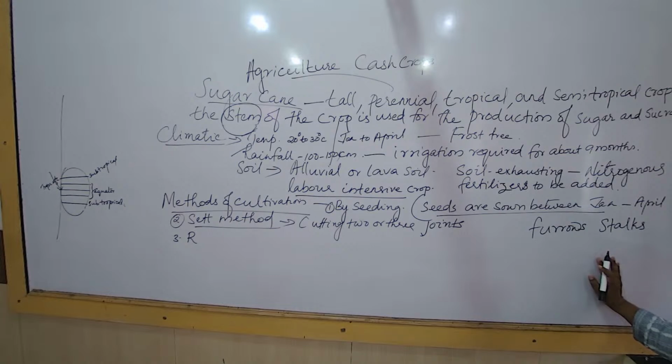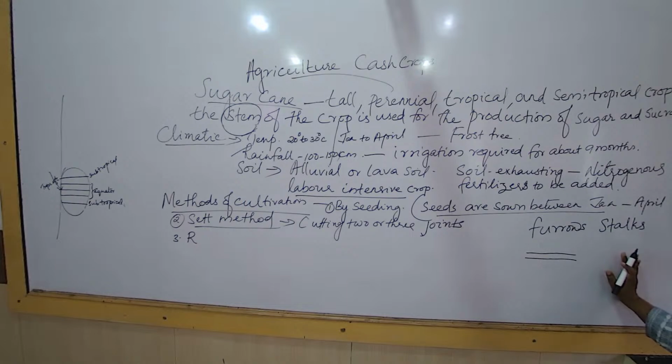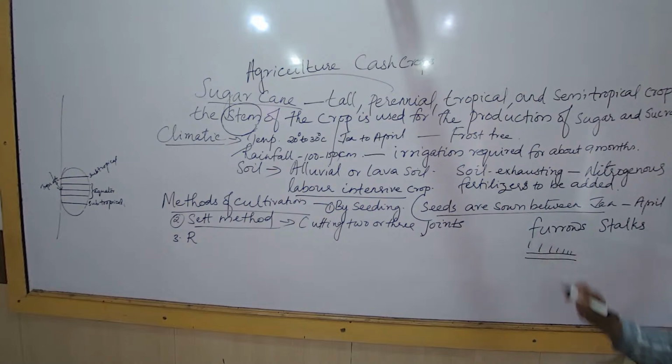See, when it is vertically planted, there are 2 or 3 joints, no? When it is planted like that, what is happening? From each node, a plant will come.